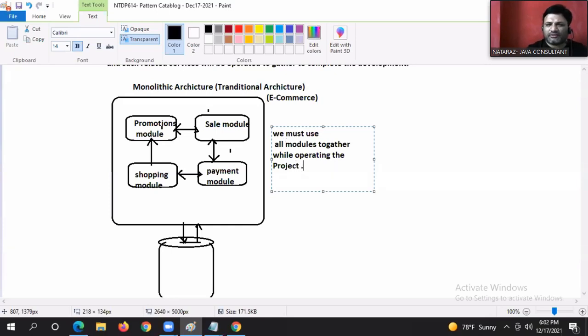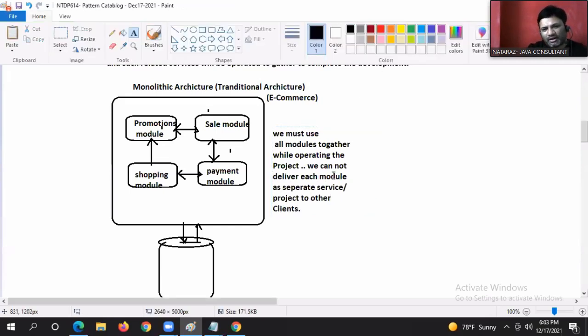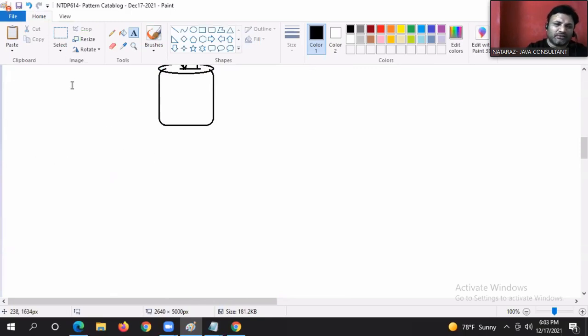While operating the project, we cannot deliver each module as a separate service or project to other clients. I hope you are understanding my statement, guys. Use together.